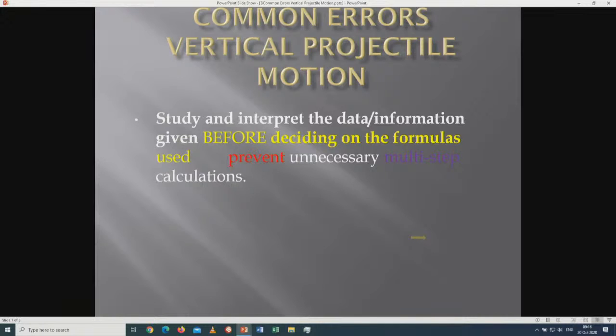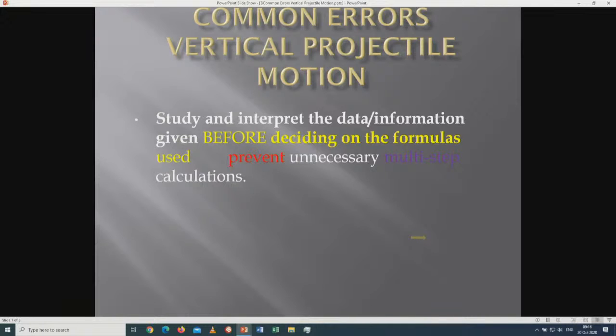Make sure that all the data given to you is indicated on your diagram on the paper. If they don't indicate all the data on the diagram, please indicate it on your own, on the paper, and write down all the information given in that whole scenario.